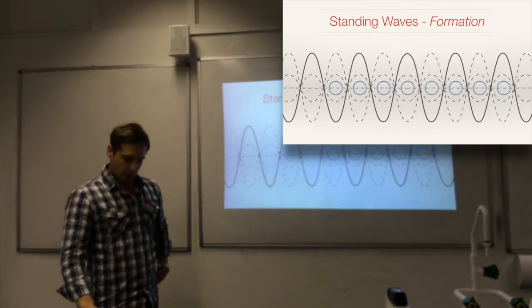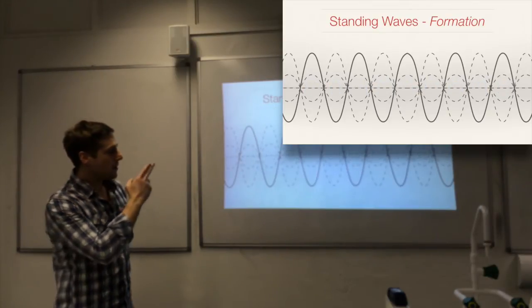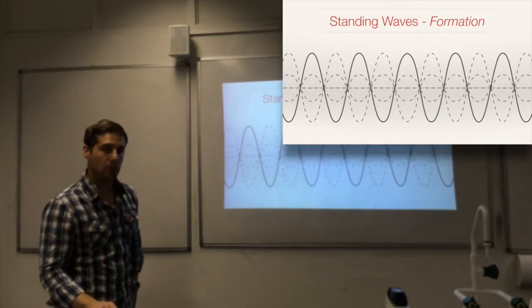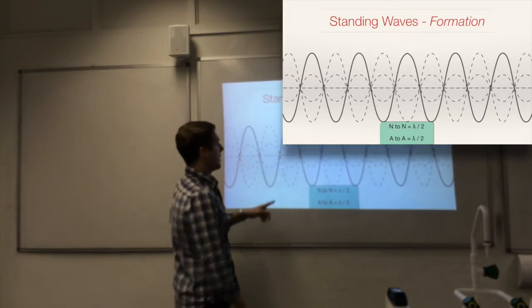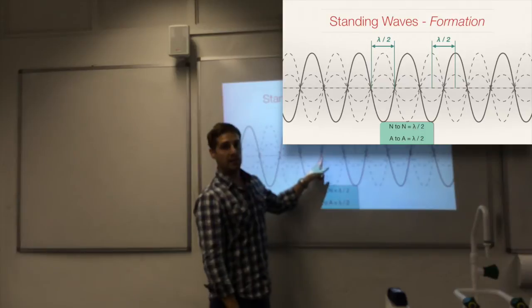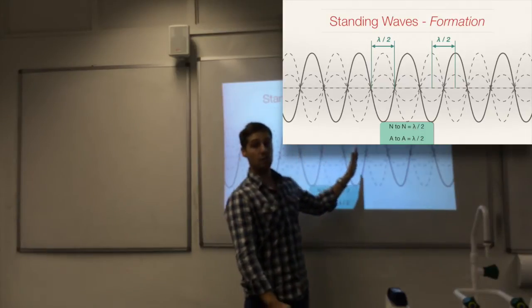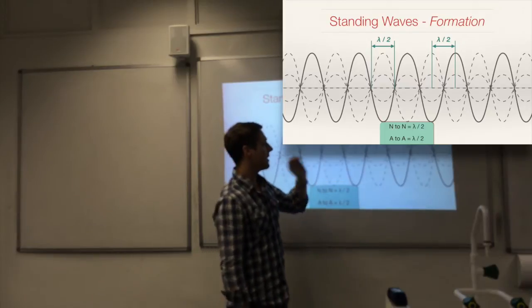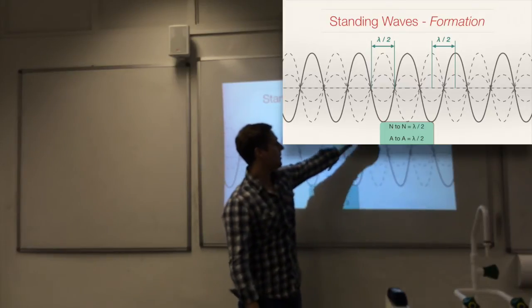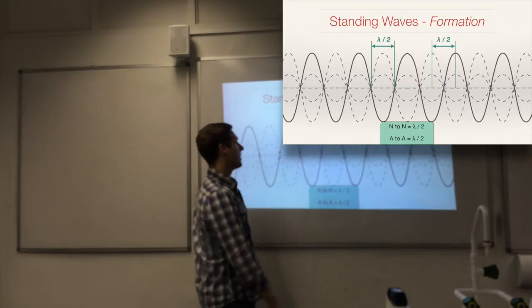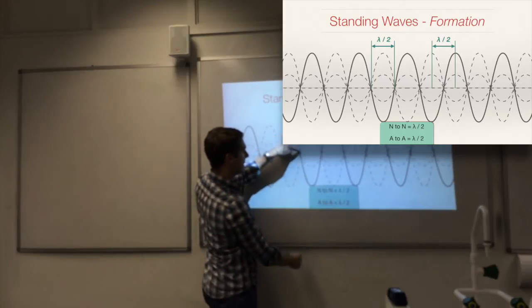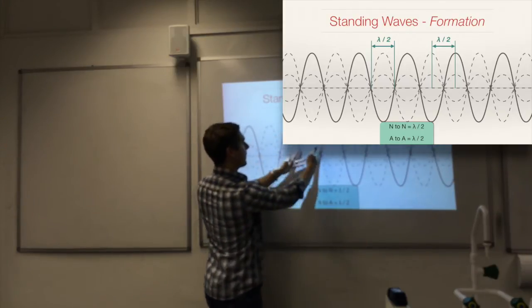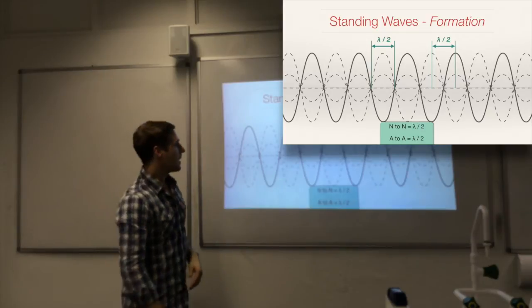And then you can use the antinodes and nodes to measure out the wavelength. If you go from one node to the next, that's half a wavelength, and if you go from one antinode to the next antinode, then that's half a wavelength. Okay, so we go from a peak to a trough, so we know that's half a wavelength, and you can see that this is as well, because these are sloping down here and sloping up, so they're halfway along.